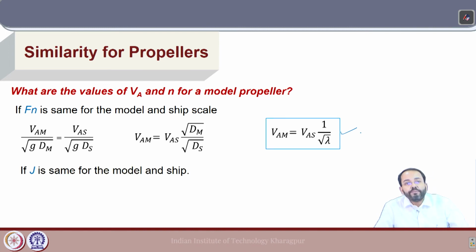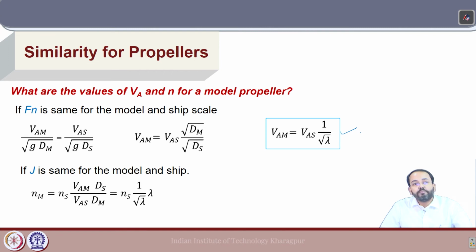Now, again like before, we will calculate the equivalence of J between the model and full scale based on the Froude number similarity, where we use this 1 by lambda ratio for calculating the J similarity, and we have the rotational speed in the model's case.